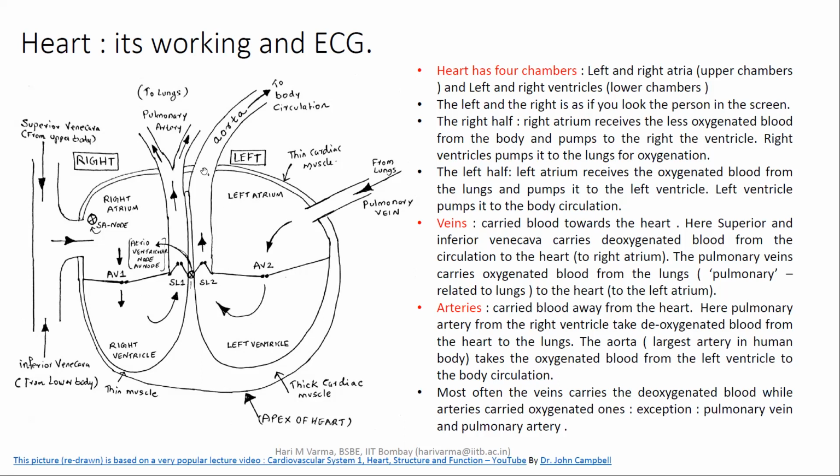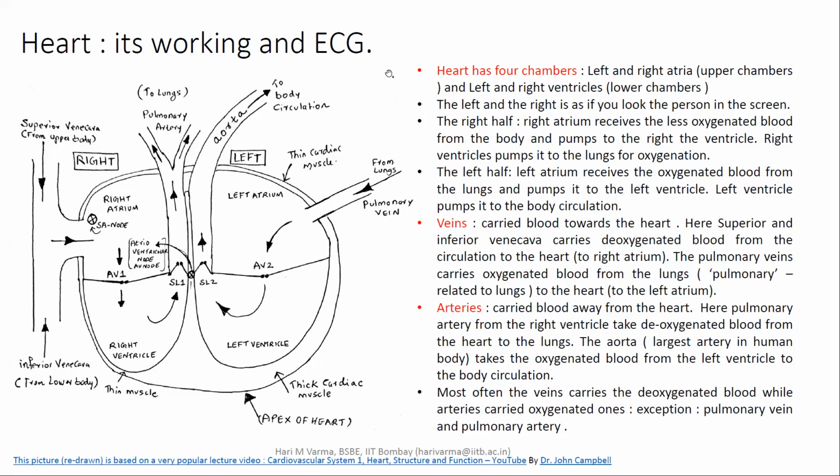So in that direction only the flow can happen. If the blood tries to come down, for example in SL2, if the blood tries to come from top to bottom, SL2 will close and it will not allow it. That's the idea of valves. So you can see that in the left atrium, due to pressure, the blood can come to the left ventricle. And the left ventricle pushes this blood so that SL2 will open and it will go through a big vessel called the aorta.